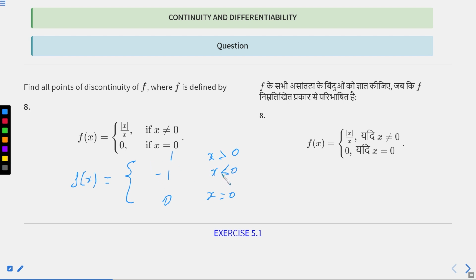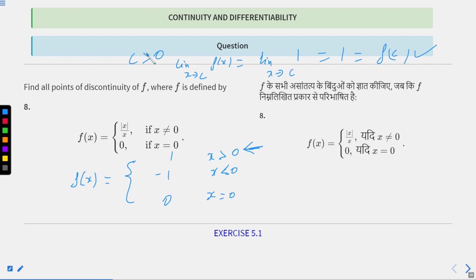So far so good. Now if c is any positive real number, then limit x tends to c, f(x) will be what? If positive, then we will choose this case. This means limit x tends to c will be 1, and this is the same as f of c, which will be 1.